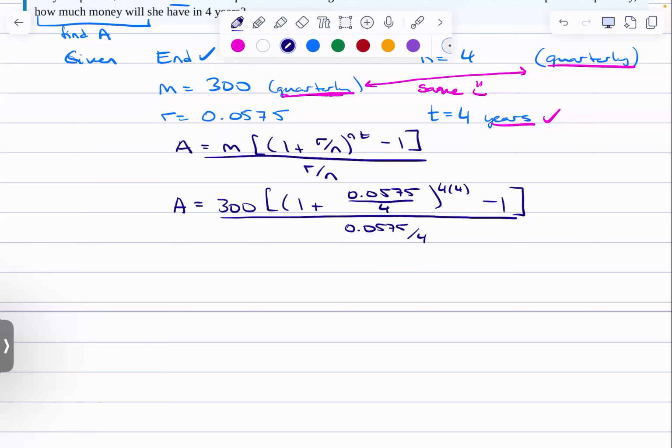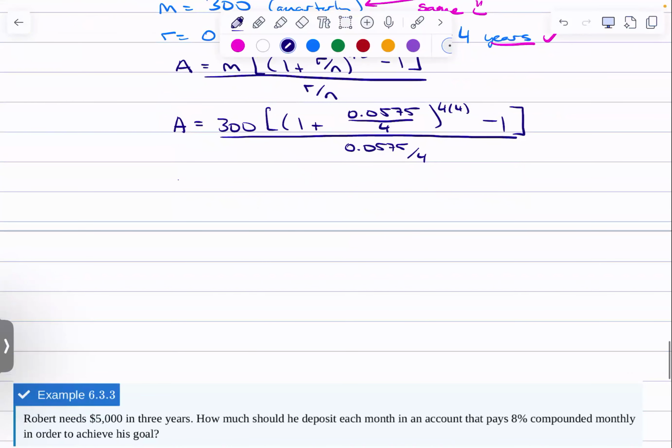Let's see if 0.0575 divided by 4 makes anything nice. It does. That's nice. Right? So let's do that as our first step. I'm going to replace 0.0575 divided by 4 both times with 0.014375 because it's nicer to look at.